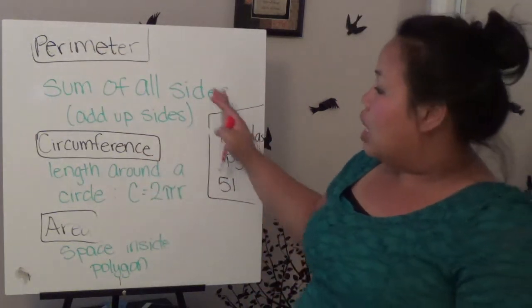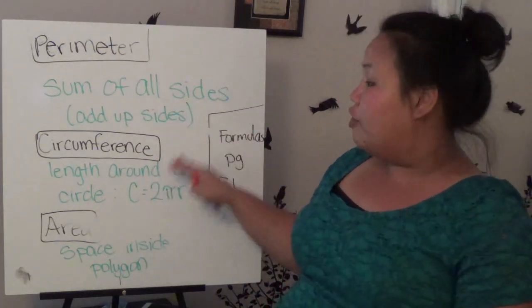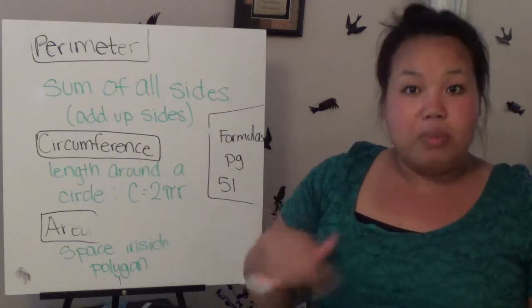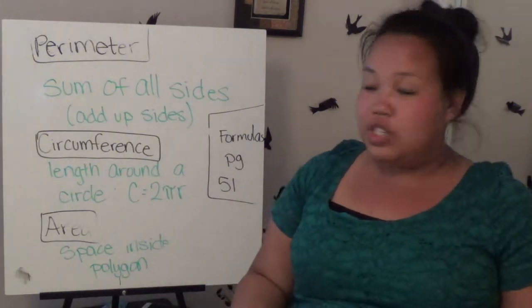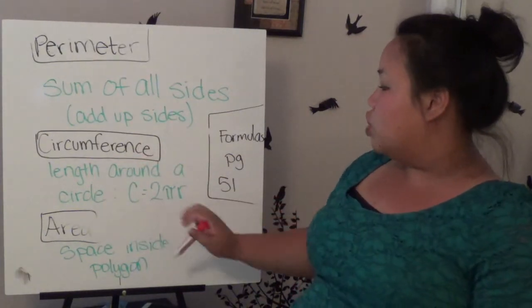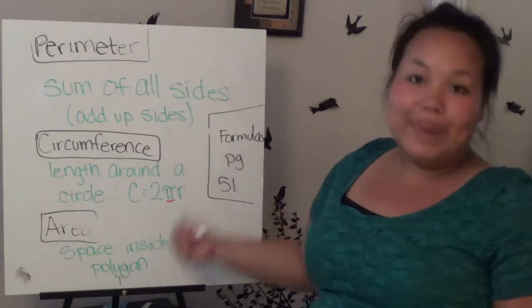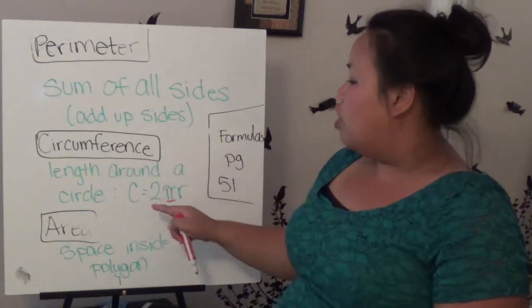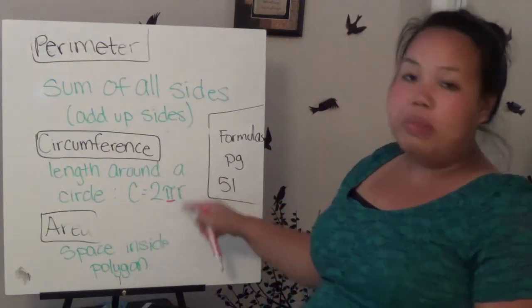It's the same thing as a circumference, except the circumference is applied to a circle. Because a circle doesn't have edges, we call it circumference, and the equations for circles always include pi. So a circumference is the length around a circle, and that equation is C equals 2 pi r.